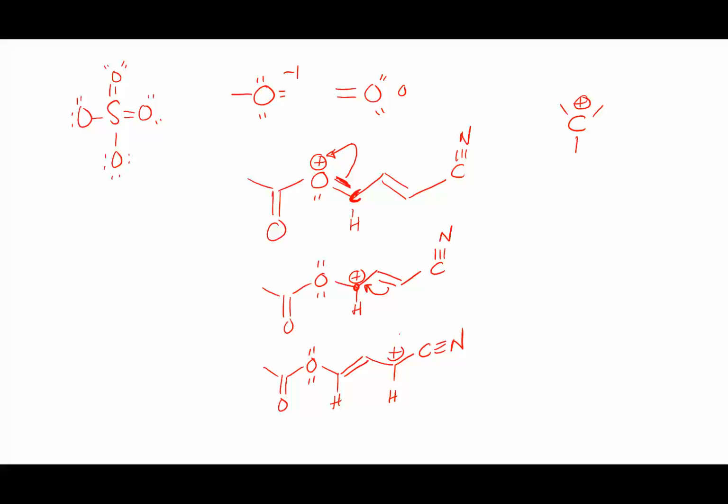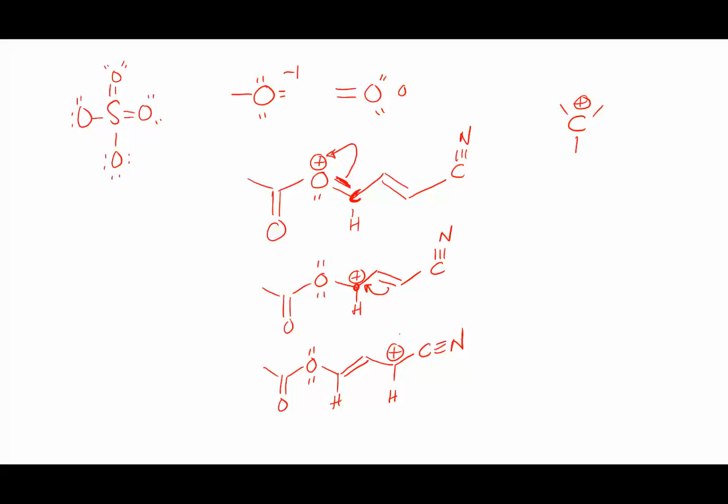So that now that carbon has the positive charge. And why did it get a positive charge? Because I picked up the pair of electrons and I moved it over so that the carbon that did have a positive charge now shares, but I did that at the expense of the carbon on the right.